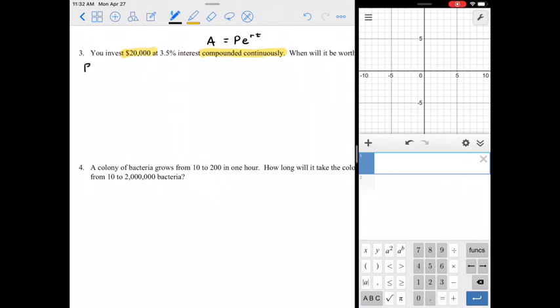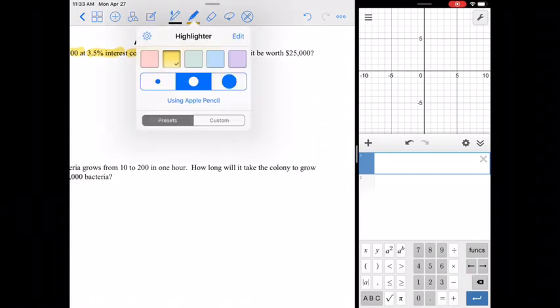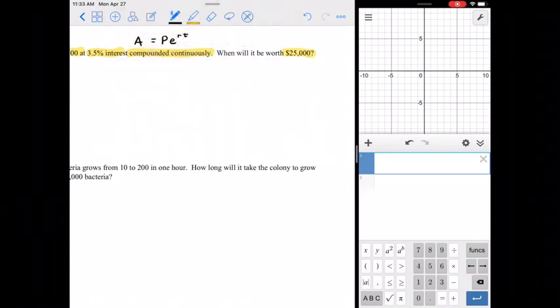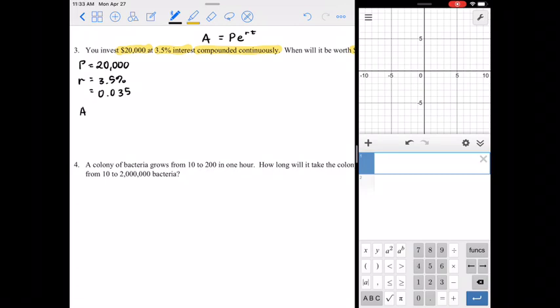That's our initial amount, our principal. At 3.5% interest, so that's going to be our rate. And 3.5% as a decimal is 0.035. When will it be worth $25,000? Well, that's our A, our final amount.